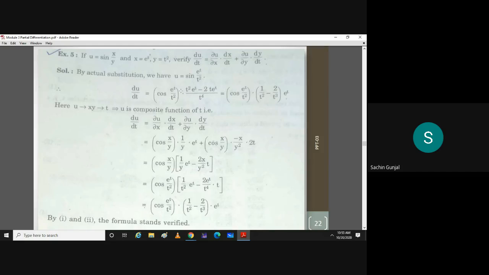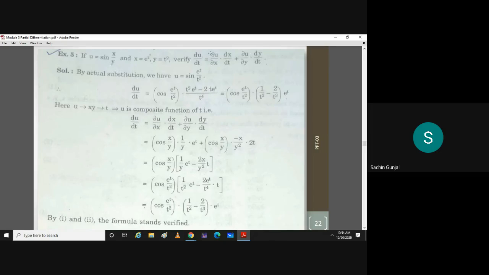So t squared into the derivative of e raised to t, which is e raised to t, minus e raised to t as it is into the derivative of t squared, which is 2t, upon t raised to 4. If you simplify this, you will get 1 by t squared minus 2 by t cubed, outside the bracket e raised to t as it is. So this is the left hand side.